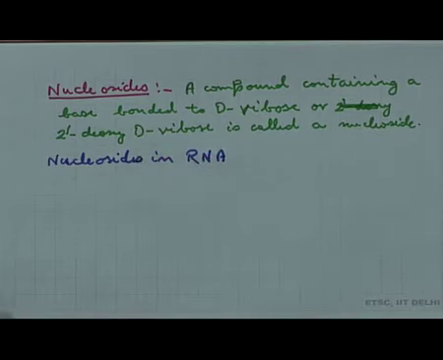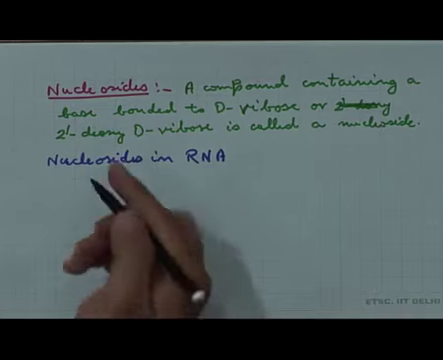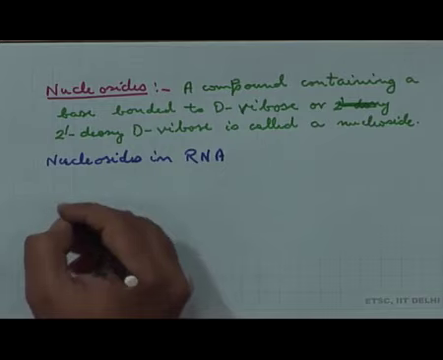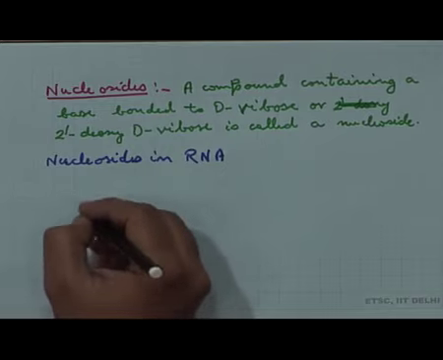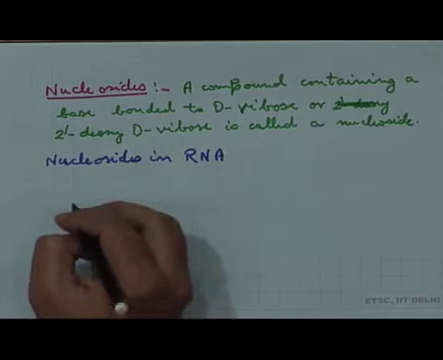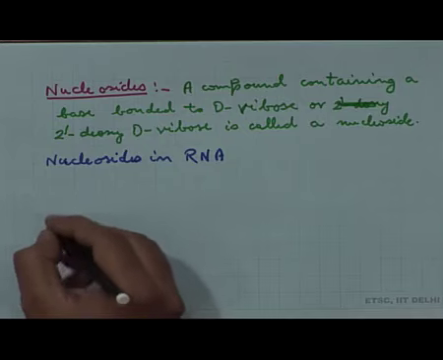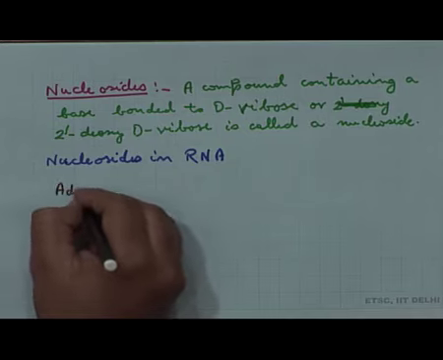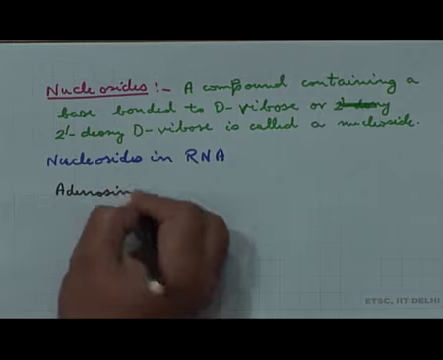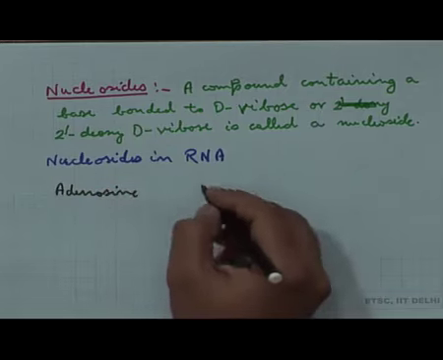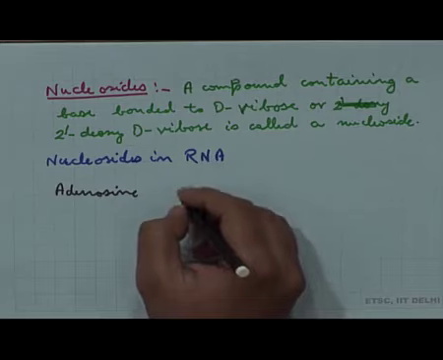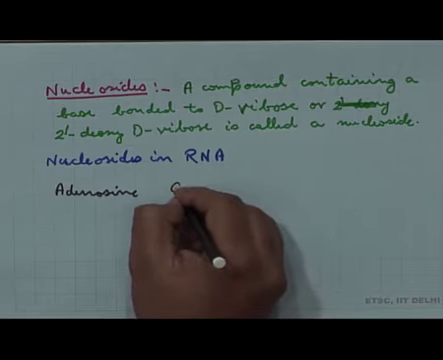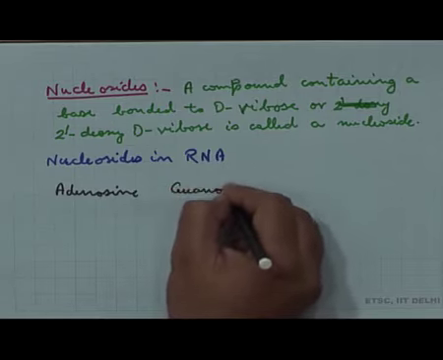Nucleosides in RNA: since we had 4 bases, nucleosides in RNA will be base dependent. So, D-ribose connected with adenine will be adenosine. D-ribose connected with guanine, guanosine.